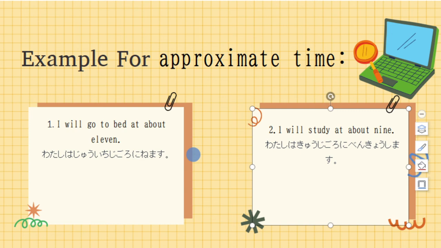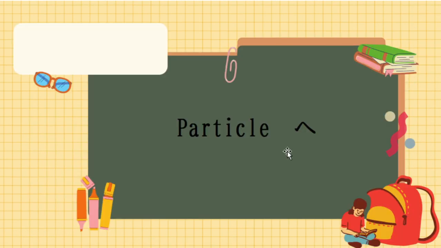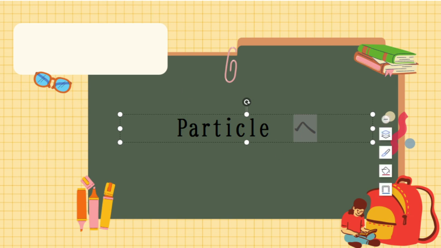So next, for our particle e. Class, remember this is the letter he, but if it is used as a particle, it is pronounced as e. This particle e is used to indicate the goal of movement.